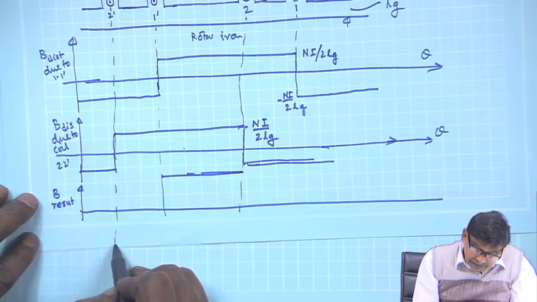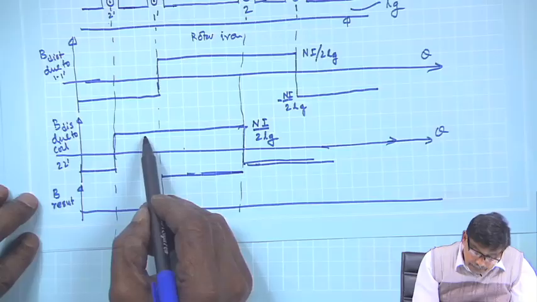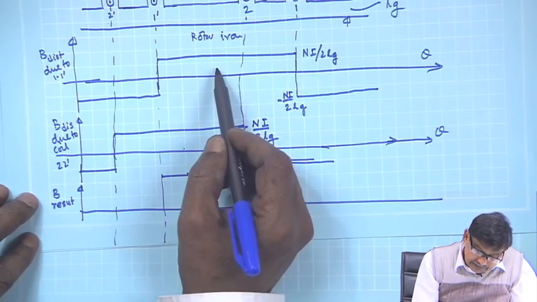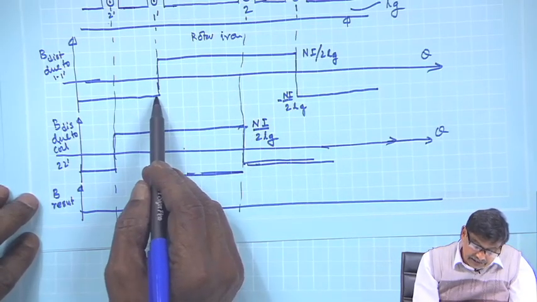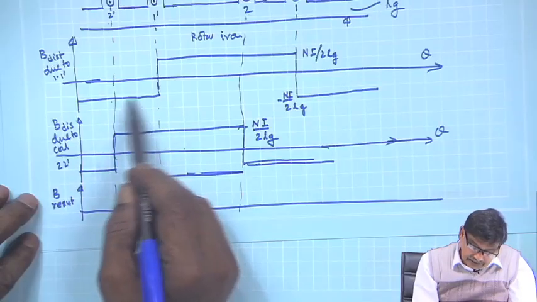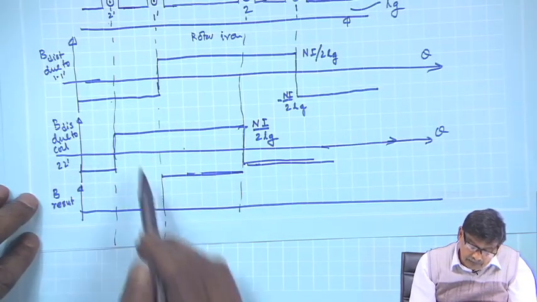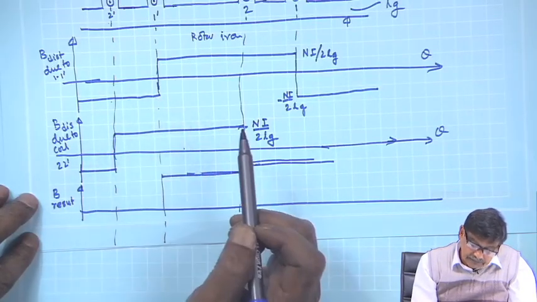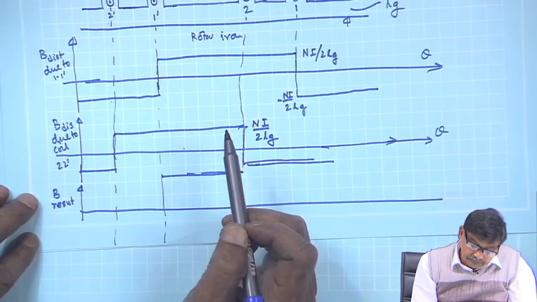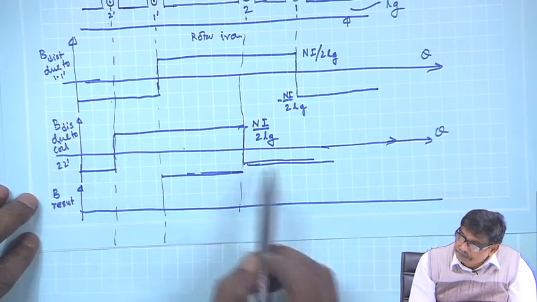During this interval it will be this plus this. So, during this interval what will be the value? How much? Is it correctly drawn now? Everything is fine.